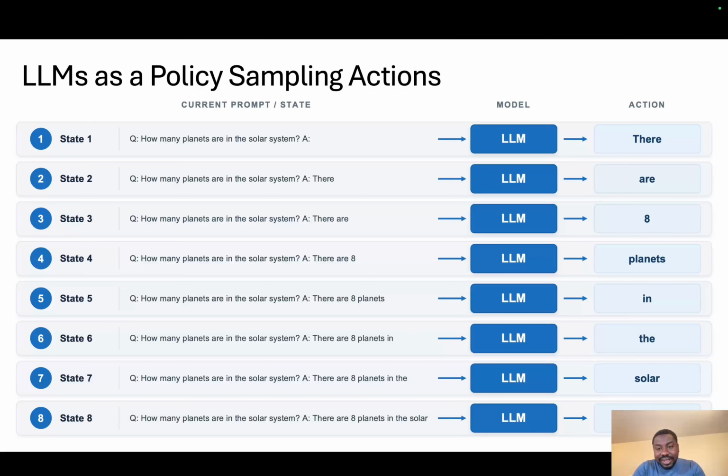Over 8 steps, that is basically 200,000 raised to the power of 8 different possible ways that this sequence could exist, which is incredible. It's a pretty large number, and that's why the action space for an LLM is extremely large.